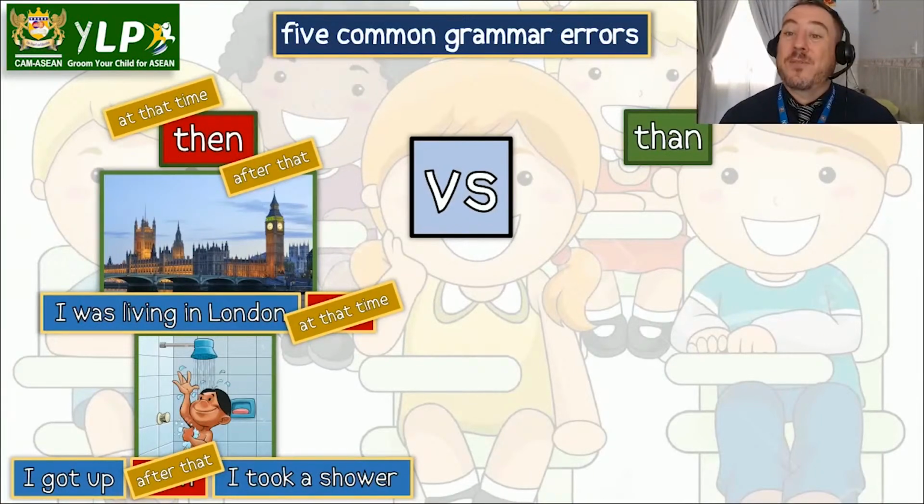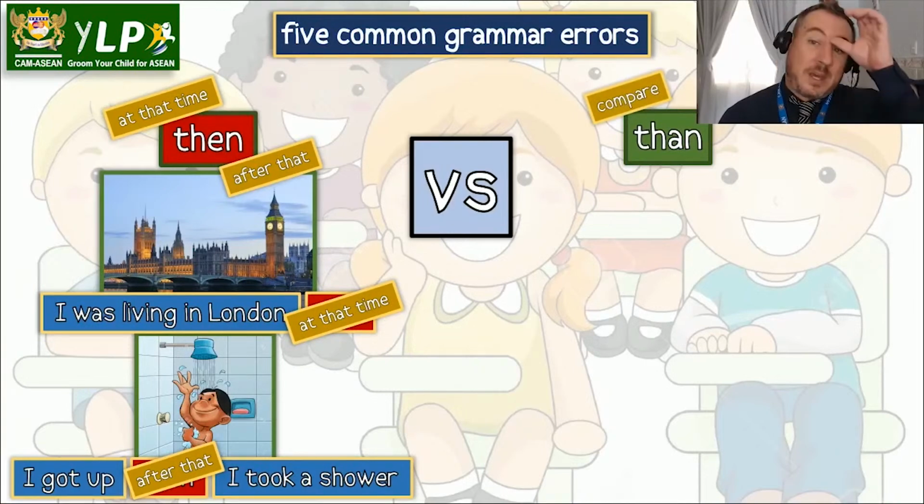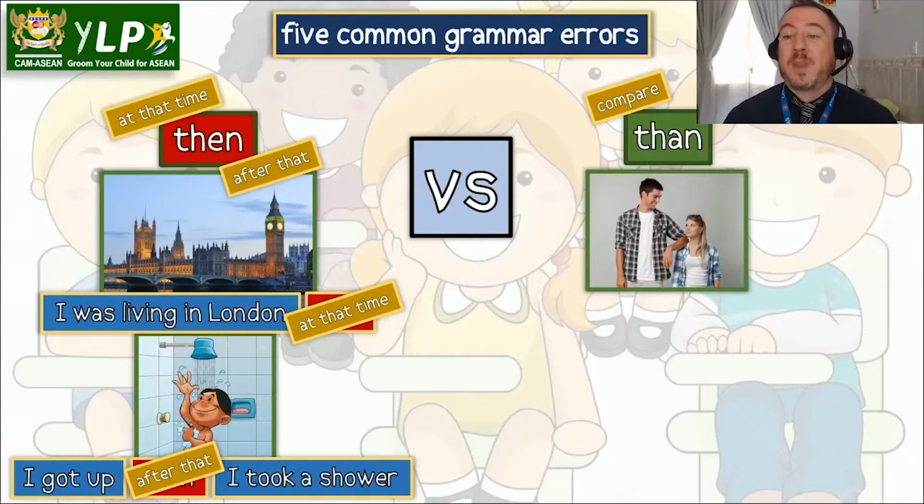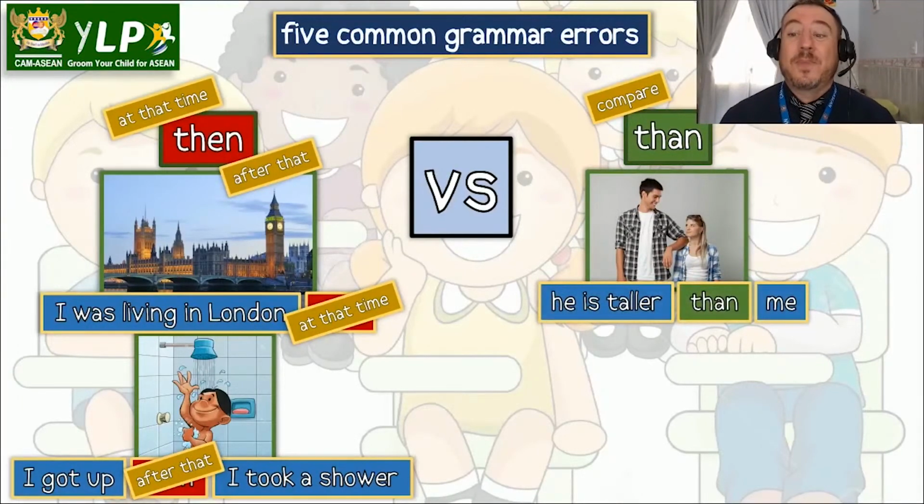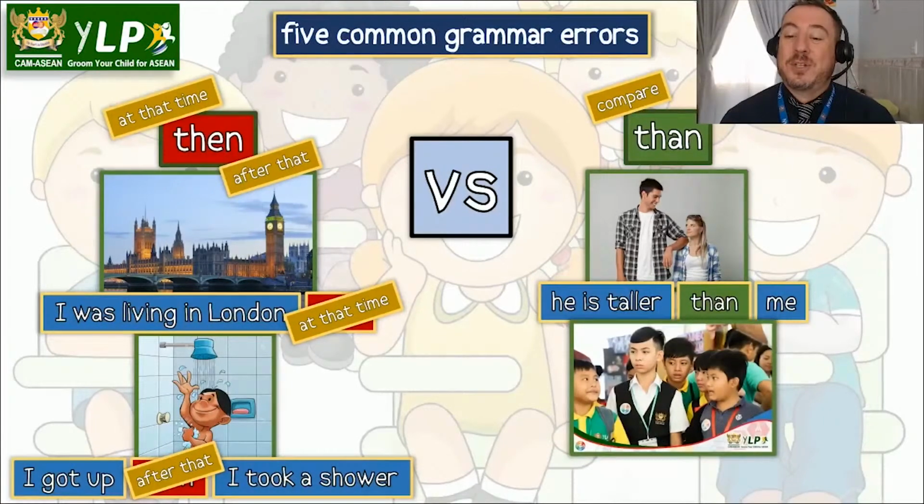Right, then we've got the green than. If you remember, we use that to compare things. So we might have a brother and sister maybe, and the sister might be saying, he is taller than me. Or we might have some students. I recognize those students.